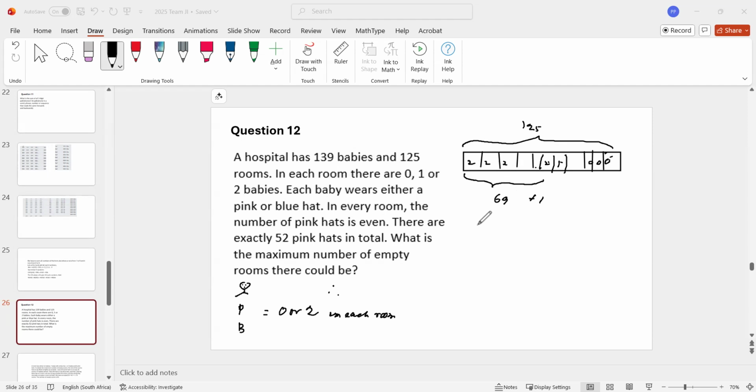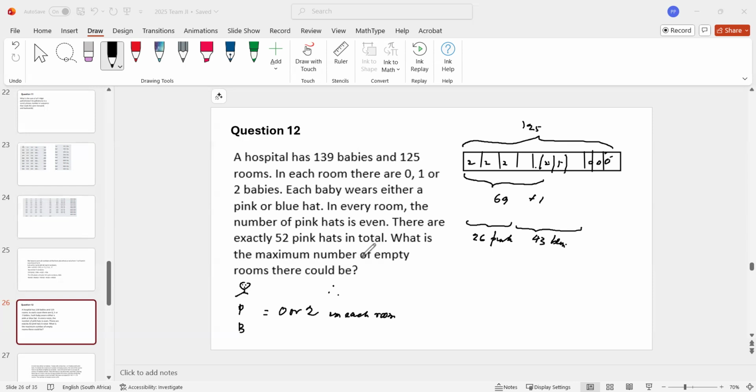So you can put 26 rooms with pink hats, the first 26 rooms, all the babies in them wearing pink, and the remaining 43 rooms are blue. Anyway, the pink hats and blue hats are just a distractor, because you can always put the pink hats amongst the babies which are there, and the rest of them are blue.